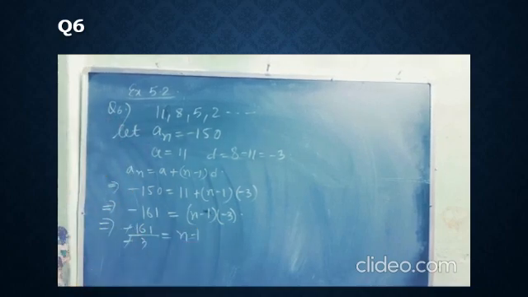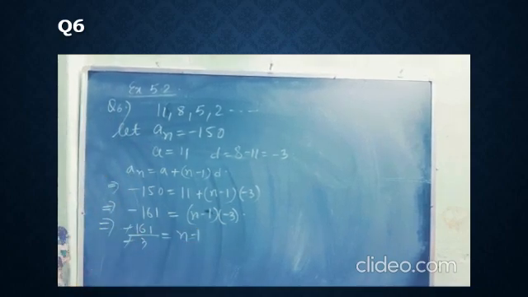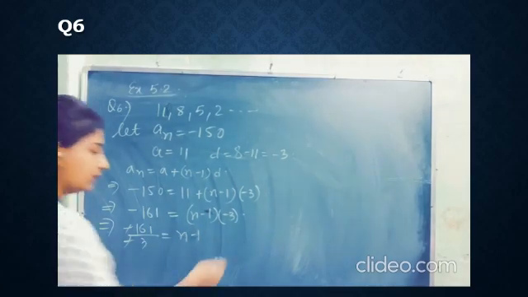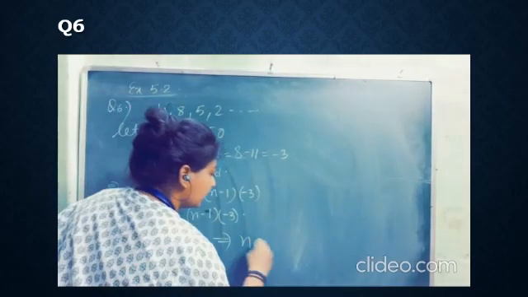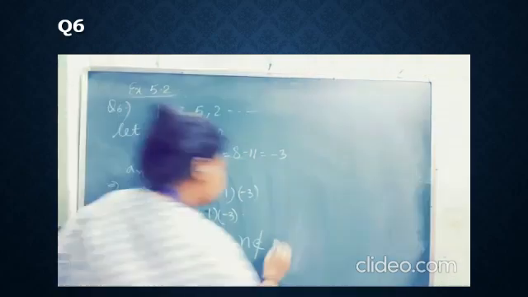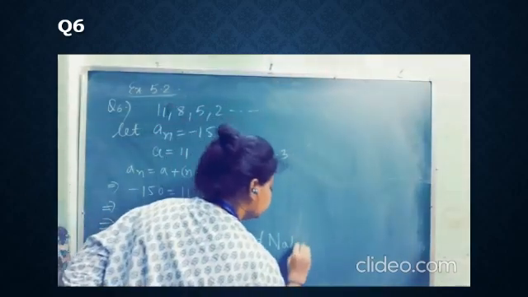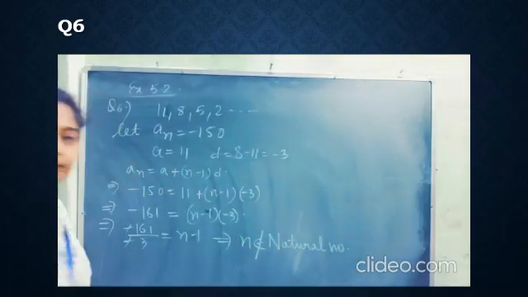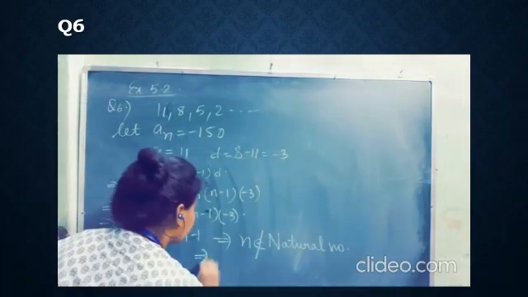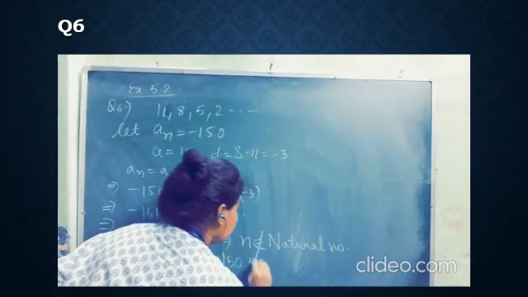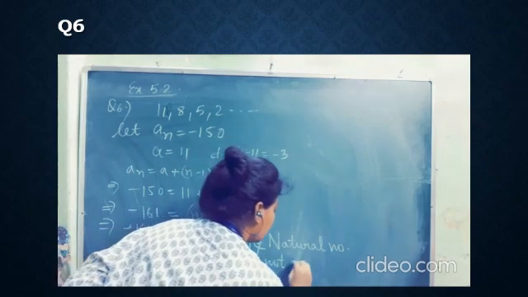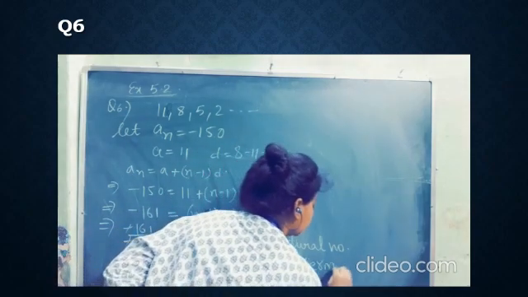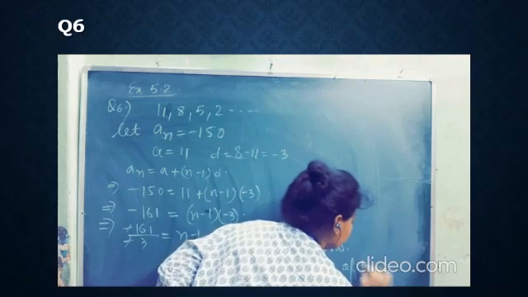Clearly, 161 upon 3 wouldn't be a natural number. So we can write that n is not a natural number. Therefore, we can say minus 150 is not a term of this AP.